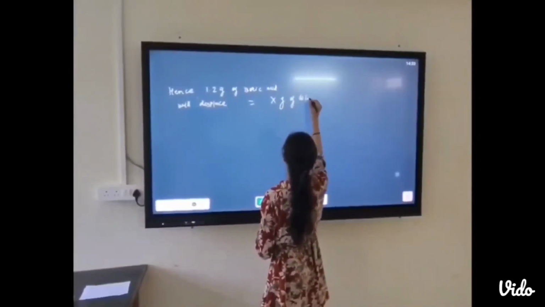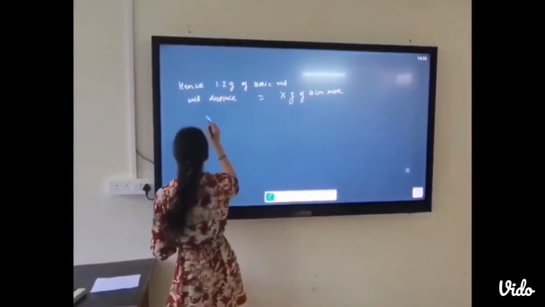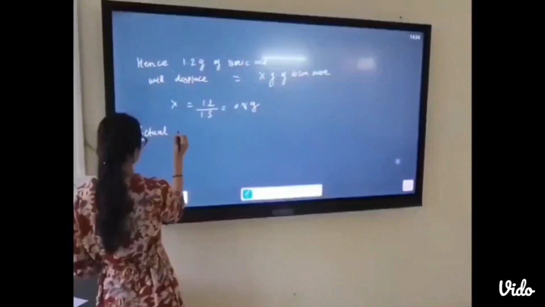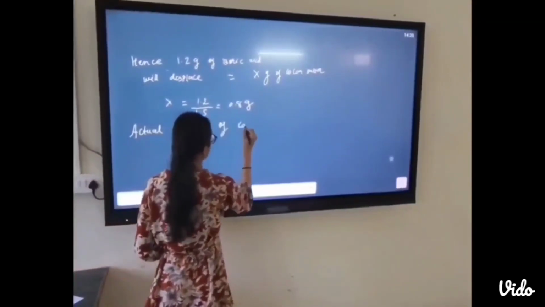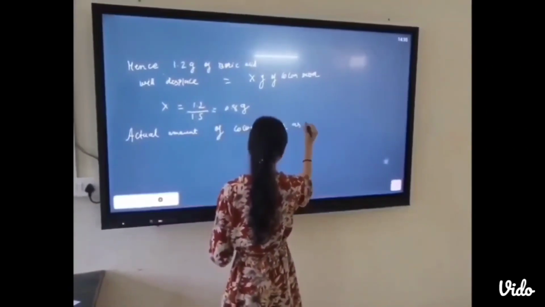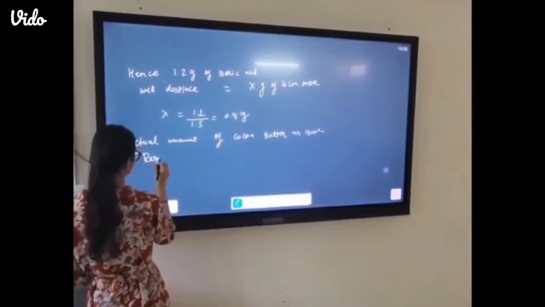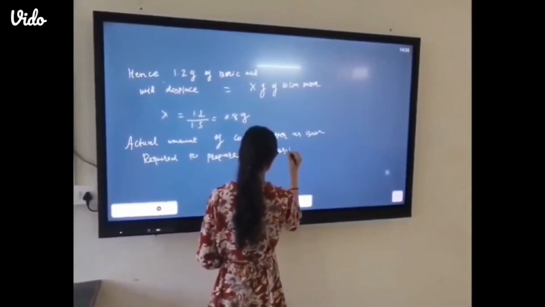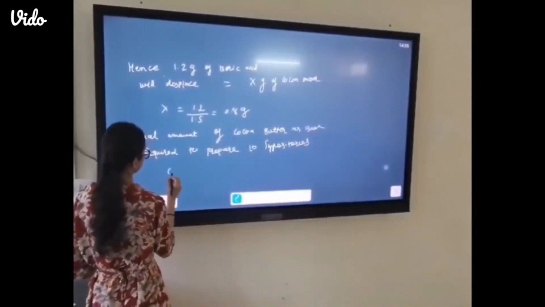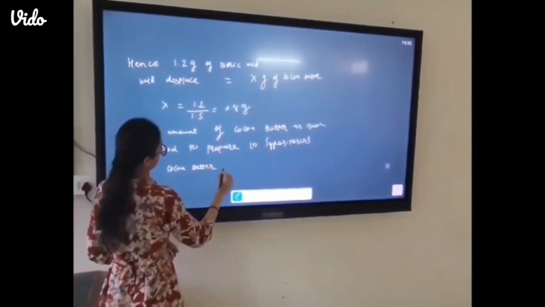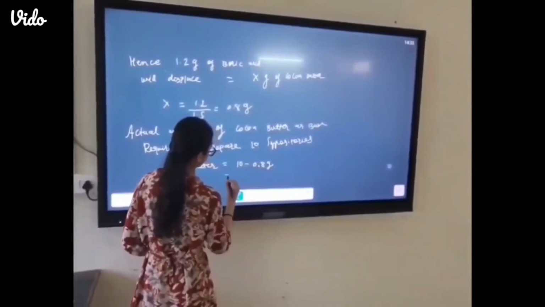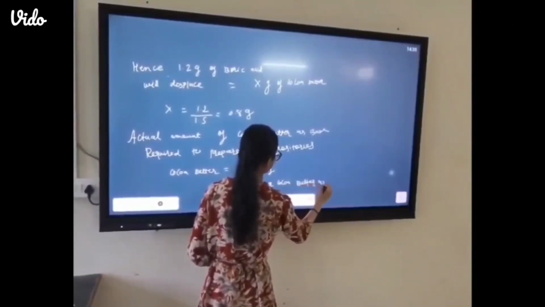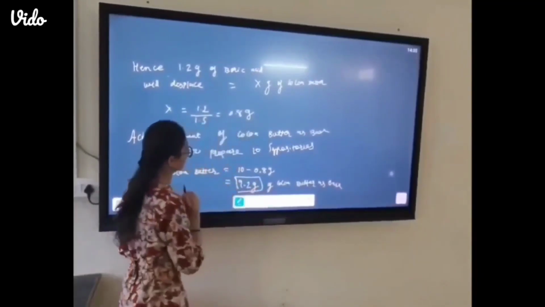So we divide 1.2 by 1.5, which is 0.8 gram of cocoa butter base required to prepare 10 suppositories. So we will subtract 0.8 from 10, and we will require 9.2 gram of cocoa butter as base to prepare 10 suppositories.